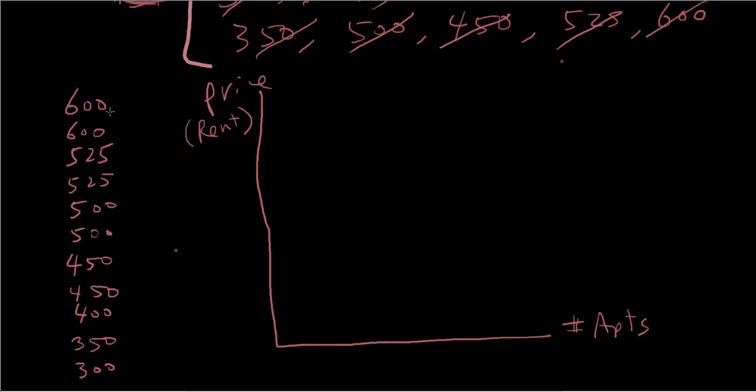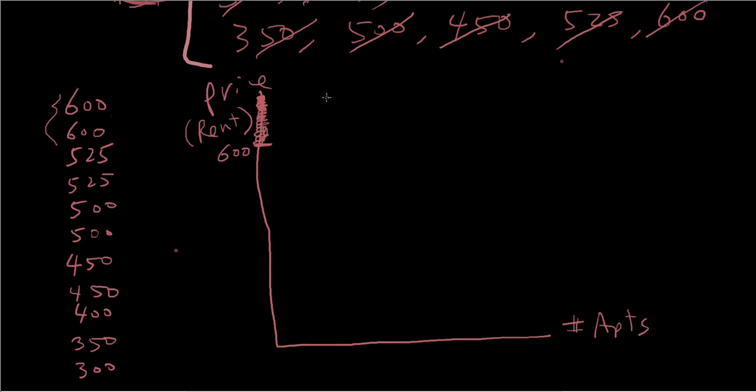Because even the highest willingness to pay is $600. They are not willing to rent at $700. So if the rent is above $600, the corresponding quantity demanded is all zeros.